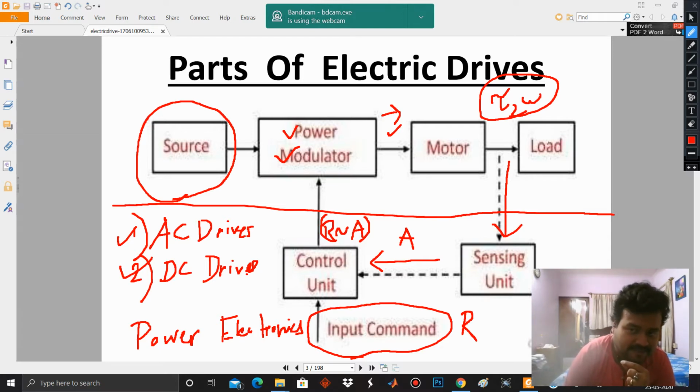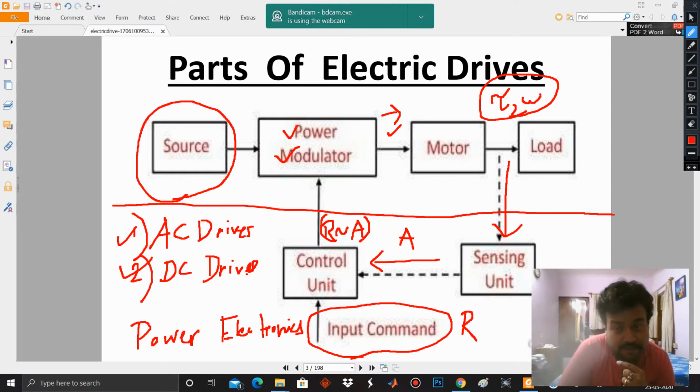Why is this difference of R and A being created? Because the torque and speed which are being obtained at the output are not desirable, or rather have shifted from the desired value, which is not desirable at all.